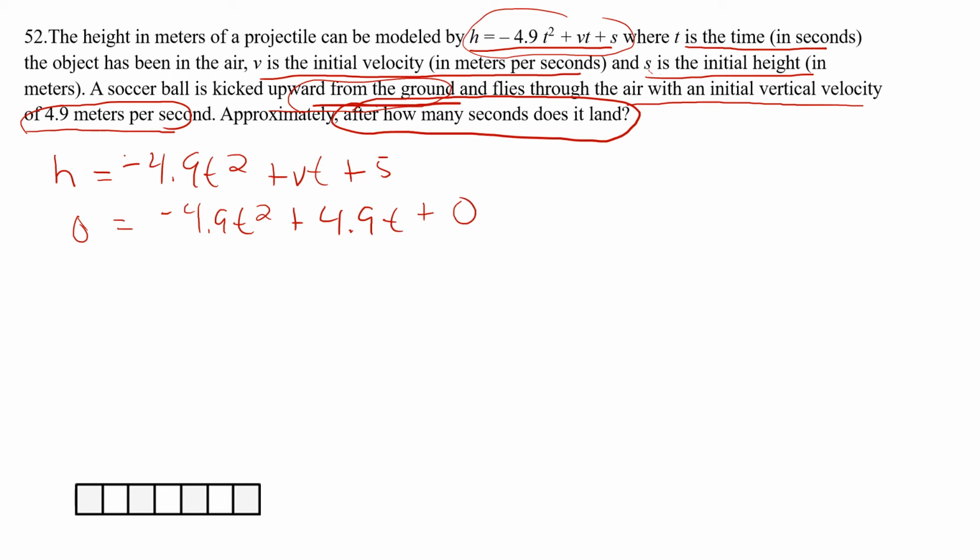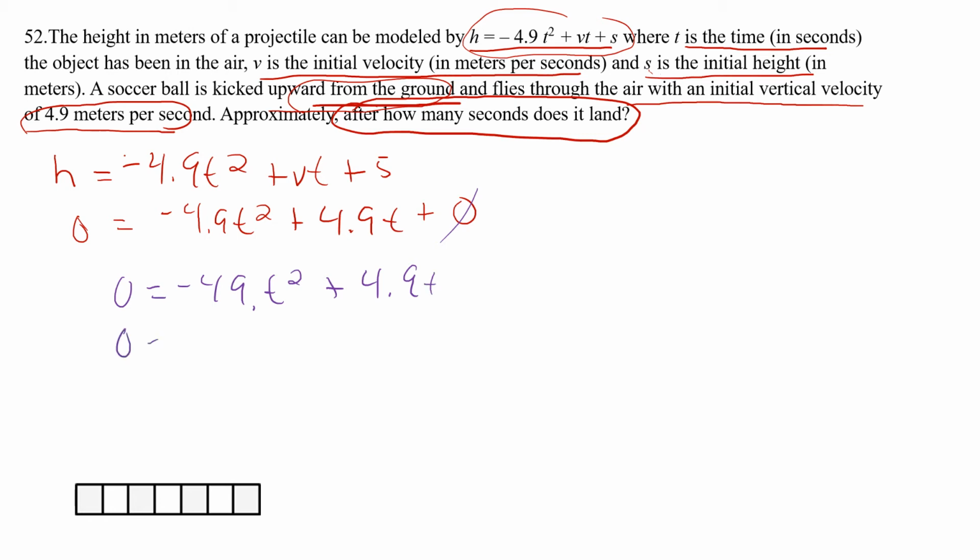Alright, so I don't really need that 0. So I could actually solve this by factoring. 0 has no value. I just did that so you're not wondering where the s went. I could factor out a t.